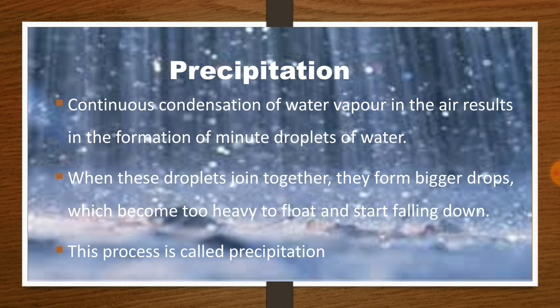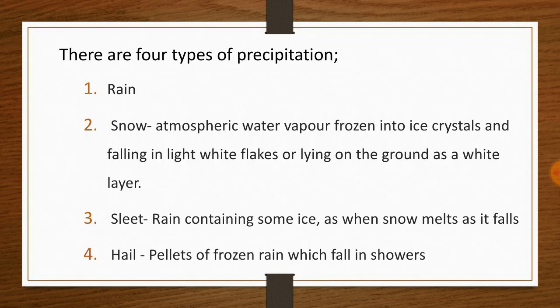Thus they are not able to stay there, so they fall down. That process is called precipitation. There are mainly 4 types of precipitation. First one, the most common, is rain. We will see about rain elaborately in this session.